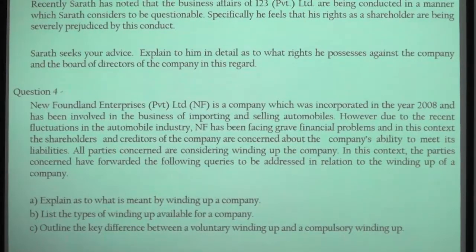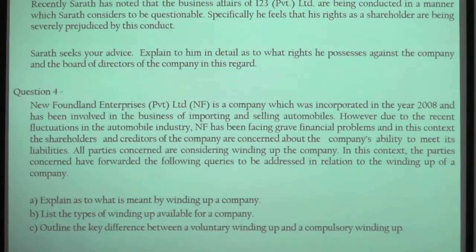You need to analyze your answer, what is meant by winding up of a company. Winding up of a company is simply bringing the company affairs to a closure, and that leads finally to a dissolution of the company and striking the name of the company and its affairs from the registrar of companies.